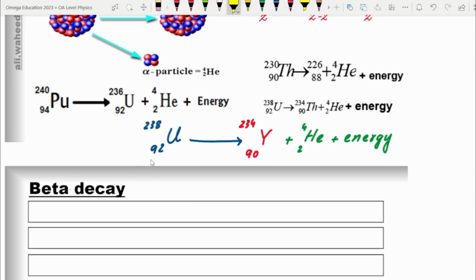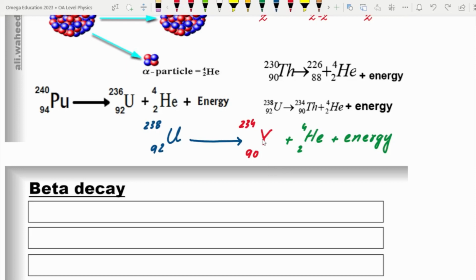What is the total atomic number on the left side? 92. What is the total atomic number on the right side? 90 plus 2, 92. What is the total atomic mass on the left side? 238. What is the total atomic mass on the right side? 234 plus 4, 238.